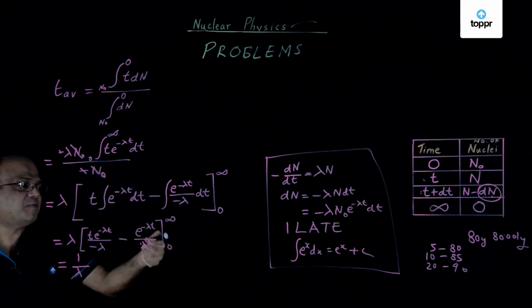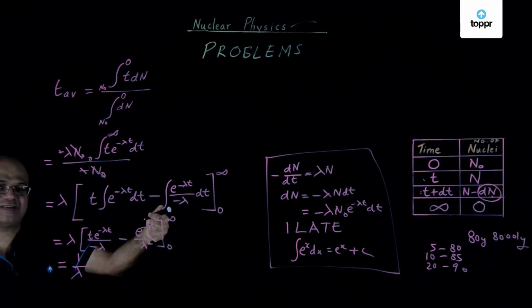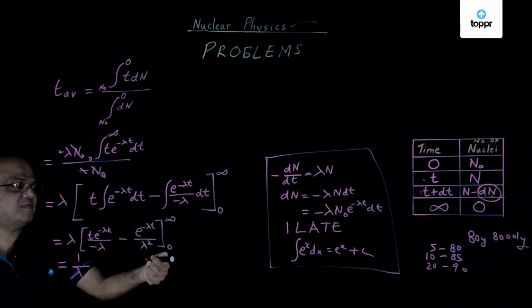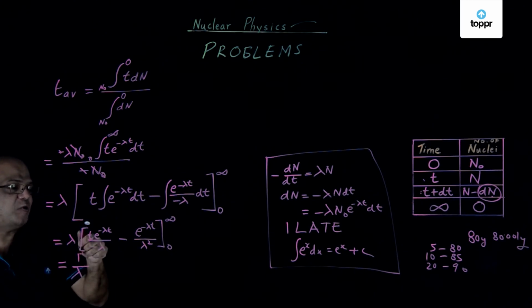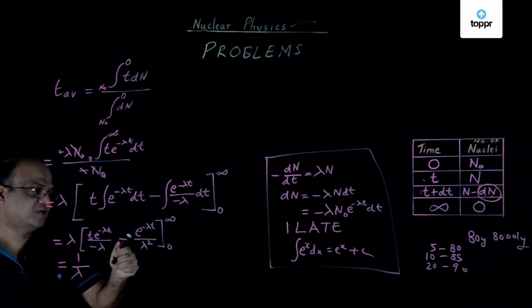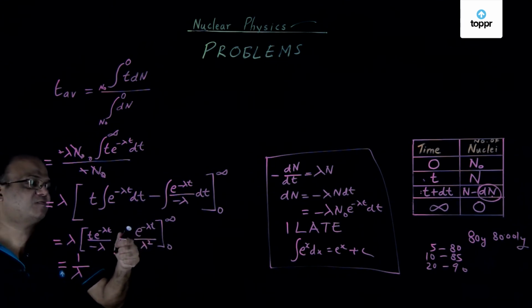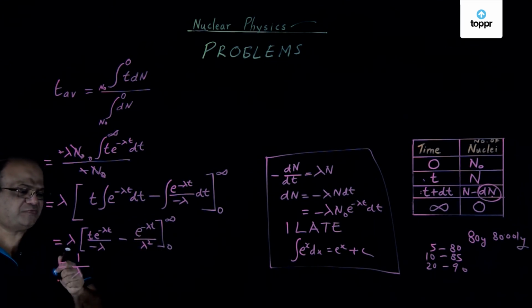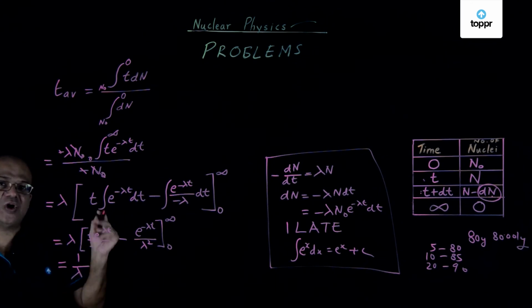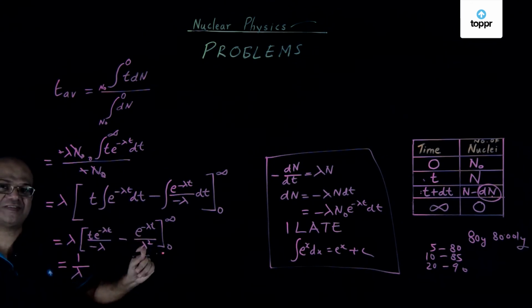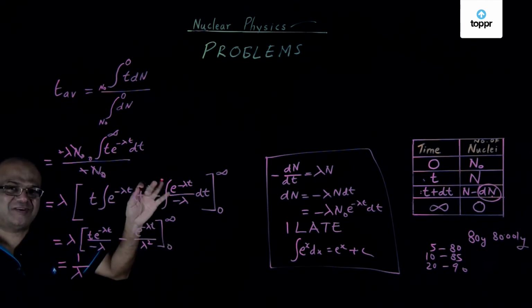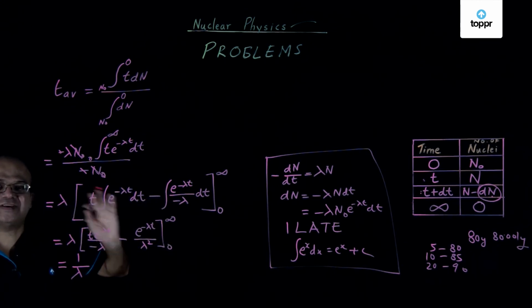Then we put the upper limit, infinity, and lower limit, 0. For the upper limit, this is 0. For the lower limit, this is 1. So finally we get the mean life or average life of a radioactive substance is 1 by lambda. Just practice this once or twice and you'll find it very, very easy.